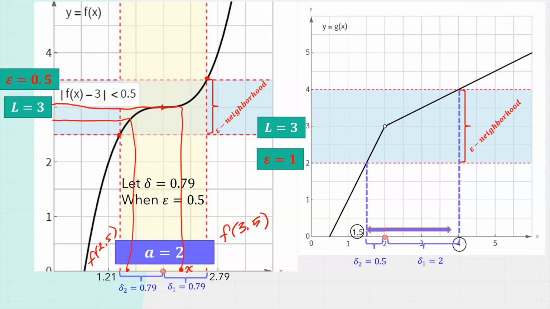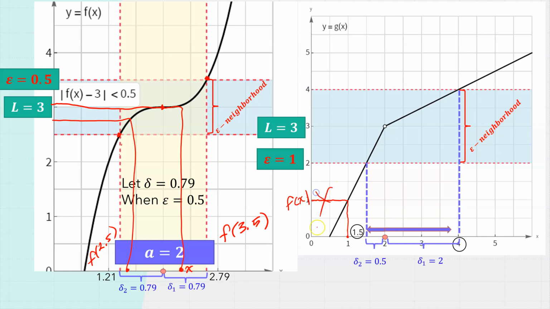When choosing a delta, you are choosing one delta, not delta 1 and delta 2. So we have to pick the smaller distance so that we can force all x's into this epsilon neighborhood. If we chose the distance to be anything bigger than 0.5, say 1, then if x is right here, f of x is over here, outside of the epsilon neighborhood.